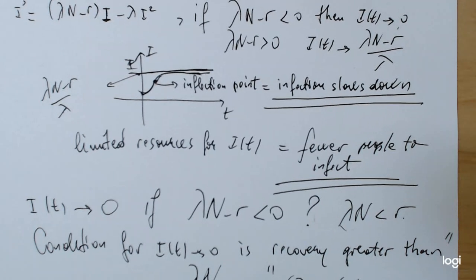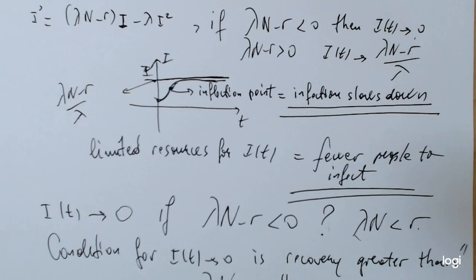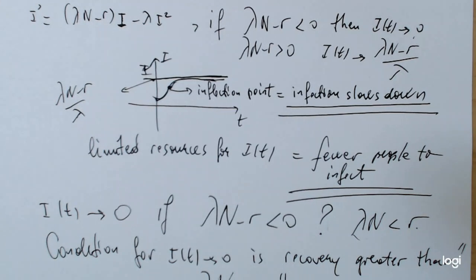So to summarize, make sure by this point you know very well how to do the phase line analysis. Make sure you can recognize the logistic equation in different contexts, and even if you don't, be prepared to do the phase line analysis if that fails.